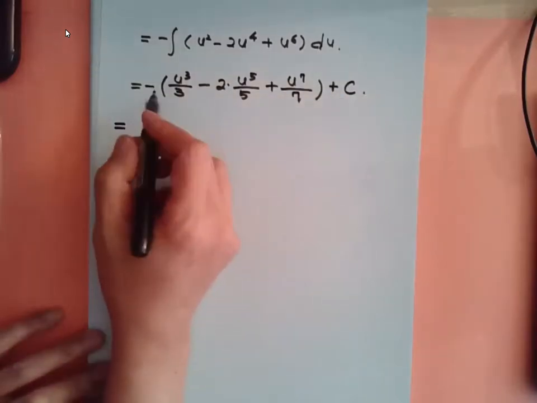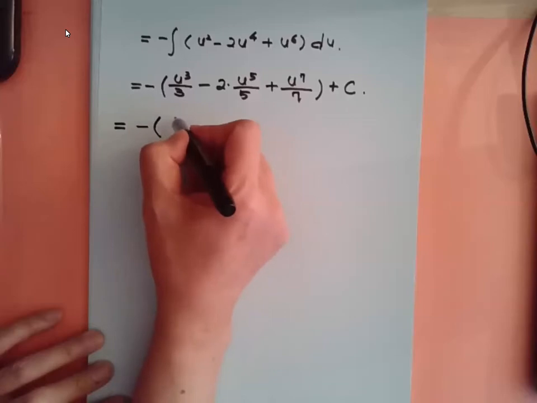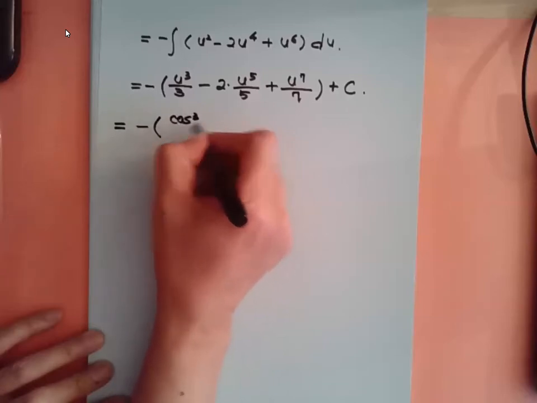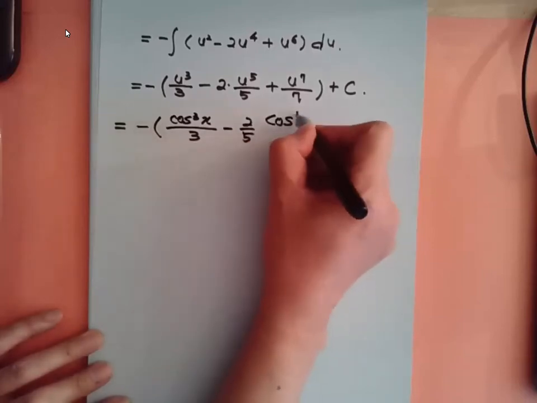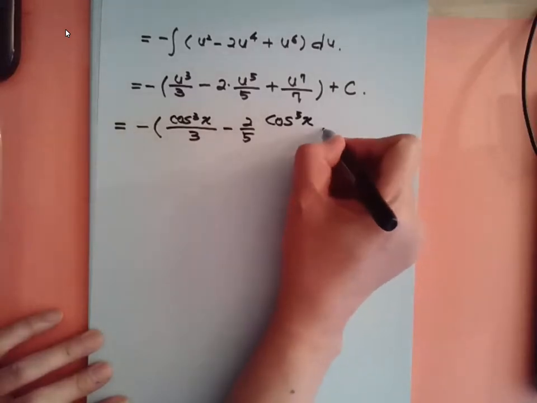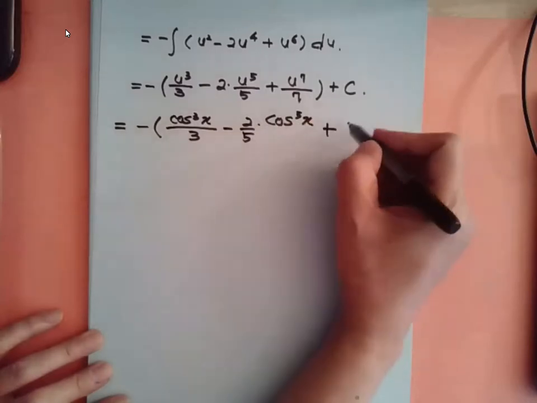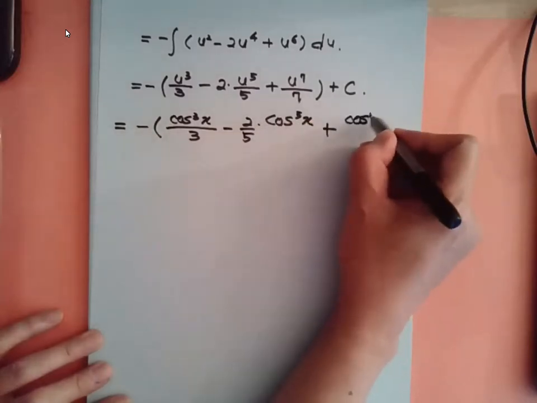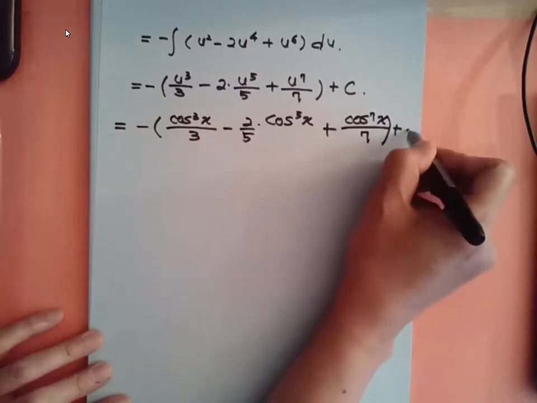And u was cosine, so minus, open parenthesis, cosine cubed x over 3 minus 2 over 5 cosine to the 5th power x plus cosine to the 7th power x over 7, plus c.